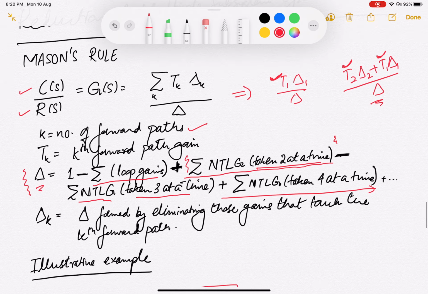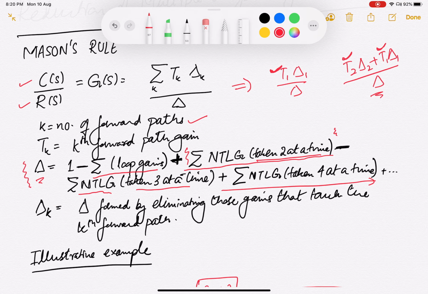And what is delta 1 or delta 2? That is what is delta k. So delta k is delta formed by eliminating those gains that touch the kth forward path. So you have to find delta for the modified signal flow graph, which you obtain by removing the kth forward path, right?